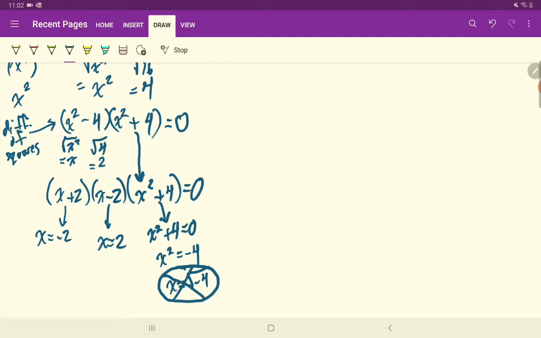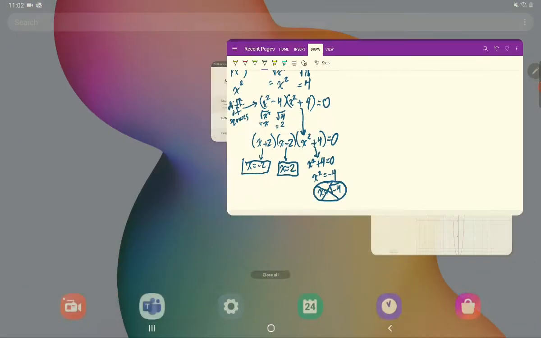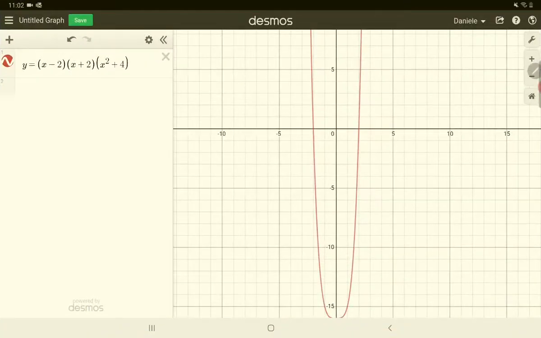This is not an answer. This is not one of our solutions. Our only two solutions are called real roots. It's only these two that exist, -2 and 2. And if you look at Desmos and you look at the graph of this function, you'll see that that is in fact the case.